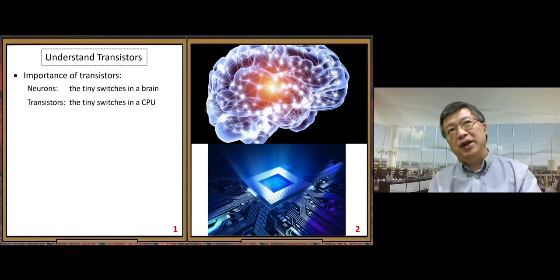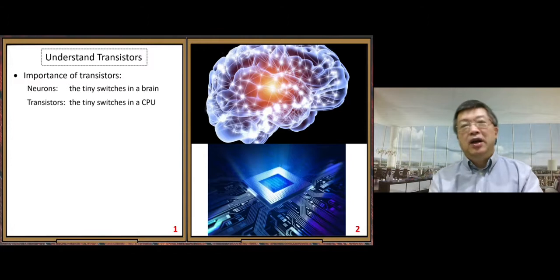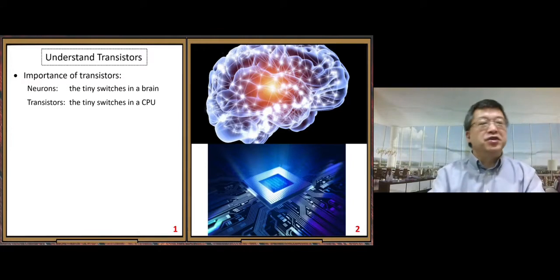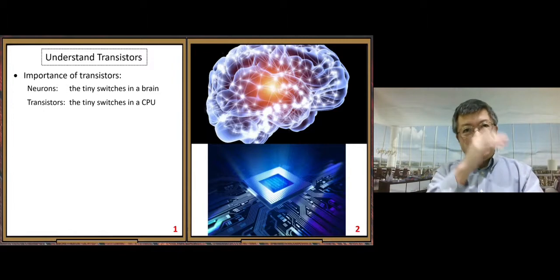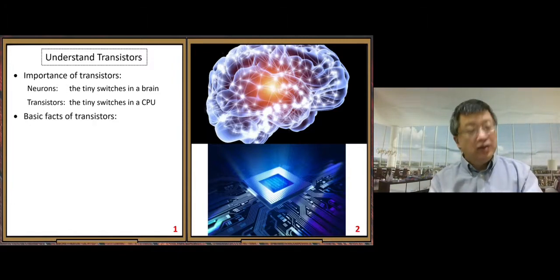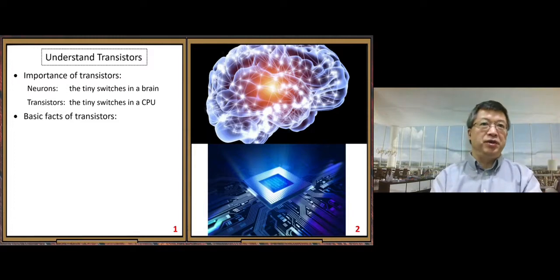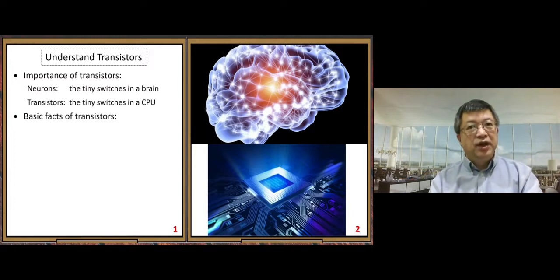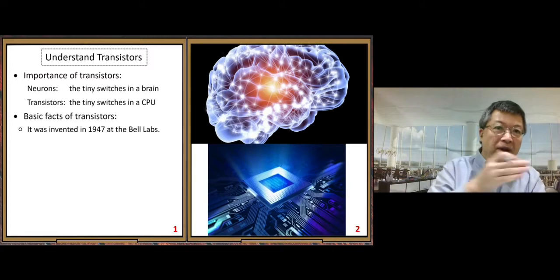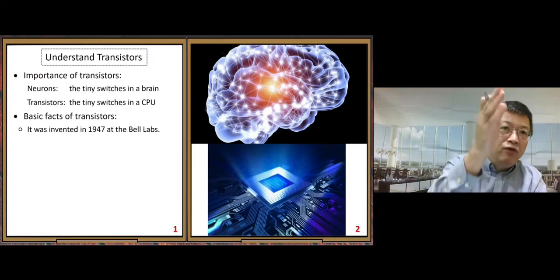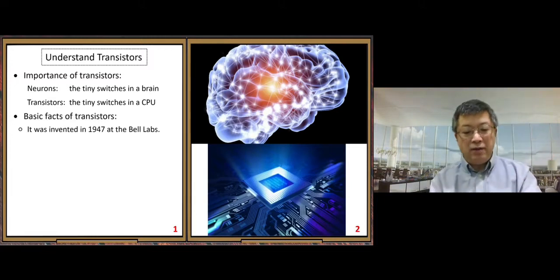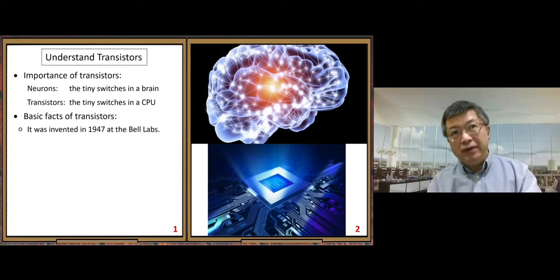So that's why transistors are so important. All right, let's look at other basic facts of transistors. First, it was invented in 1947 at Bell Labs. That early, 1947.